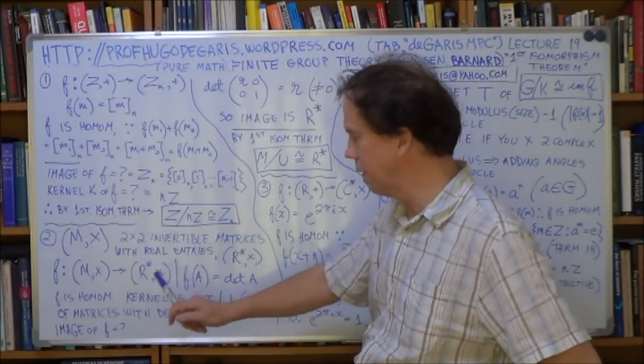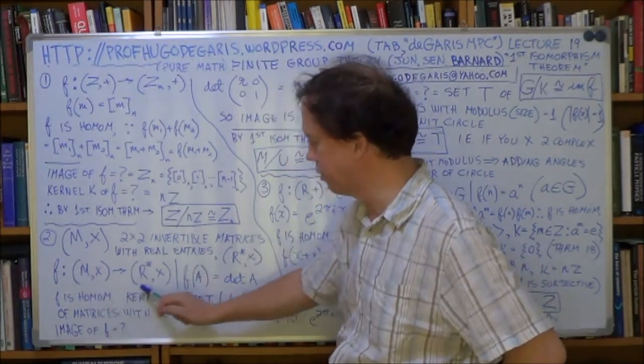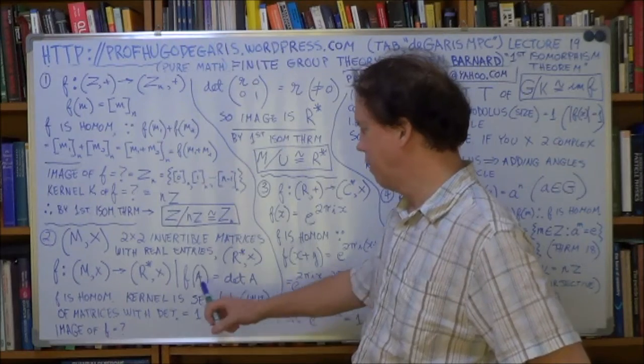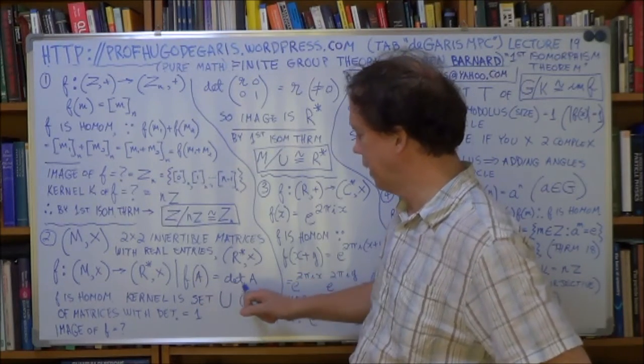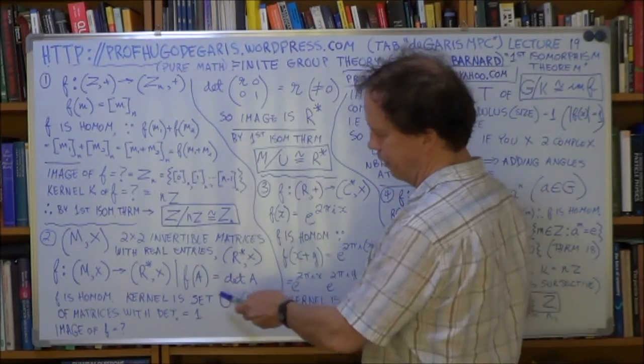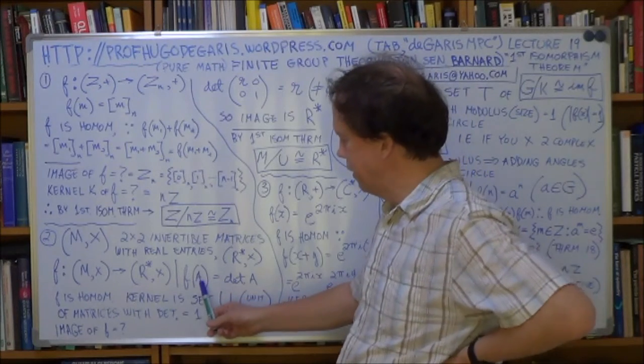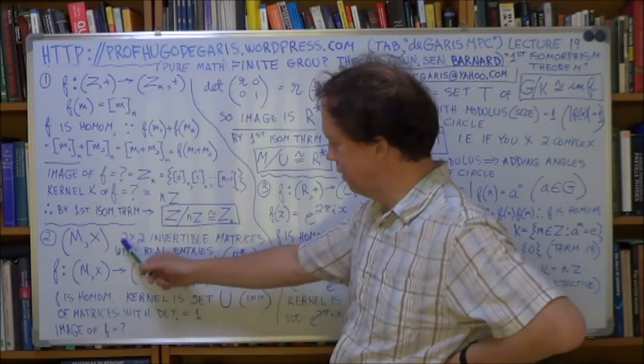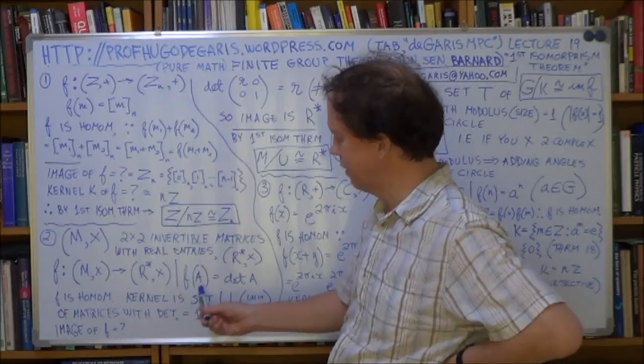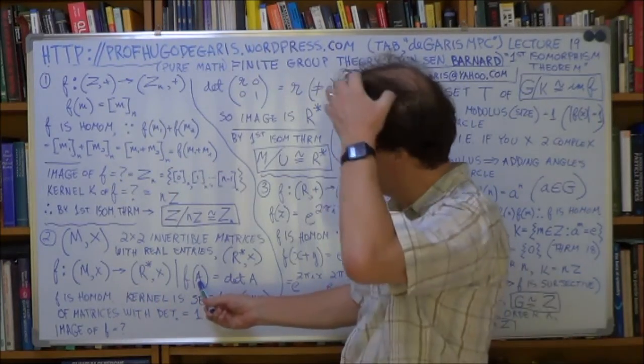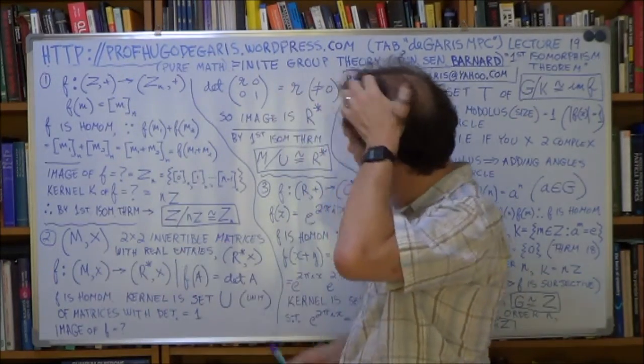Now that's mapping from group to group. Mapping from element to element, more specifically: A here is one of these 2 by 2 invertible matrices. So A is just a matrix, a member of this group.